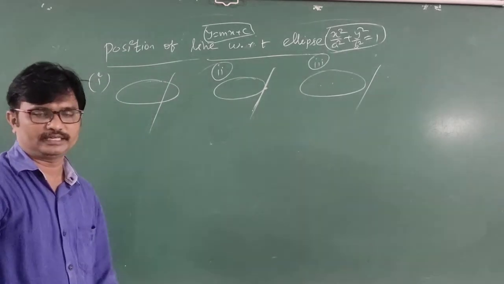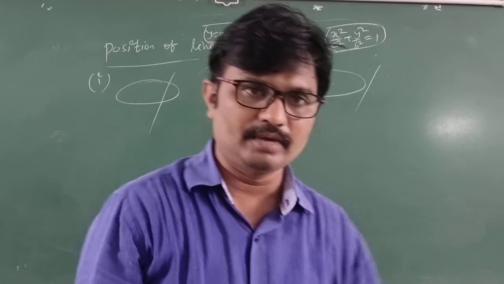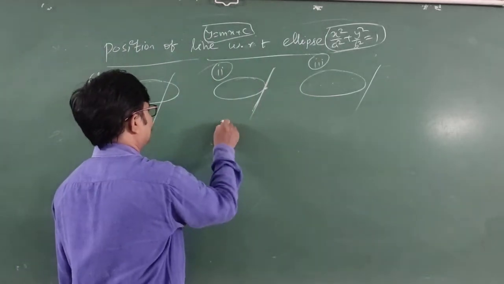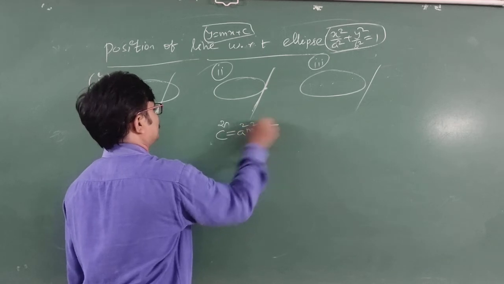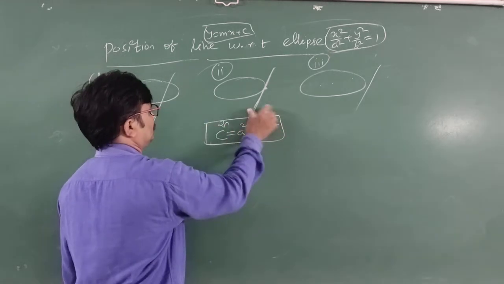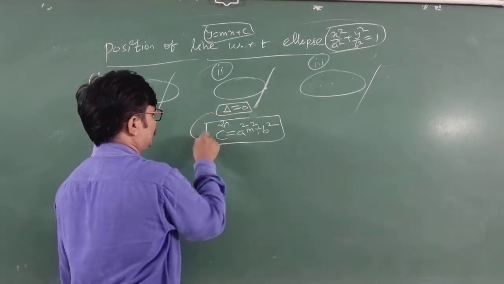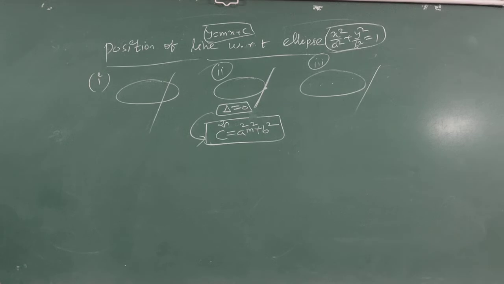So we have to know that the condition for the line y = mx + c to be a tangent to the ellipse is c² = a²m² + b². This is how we get it when the discriminant is 0.